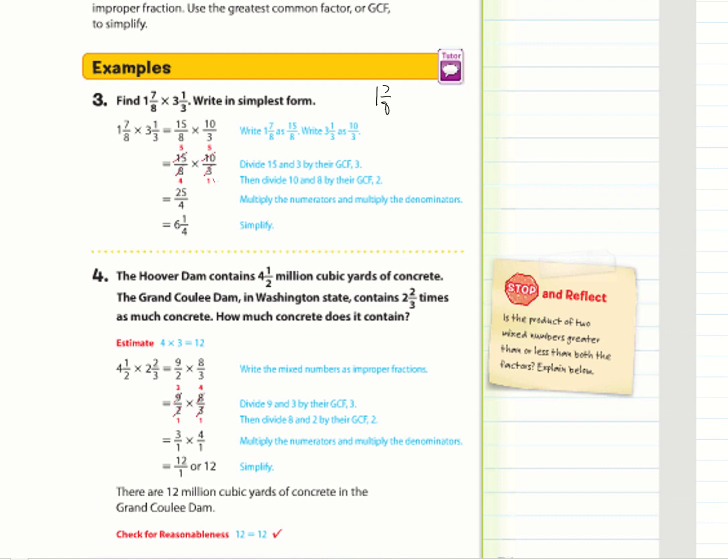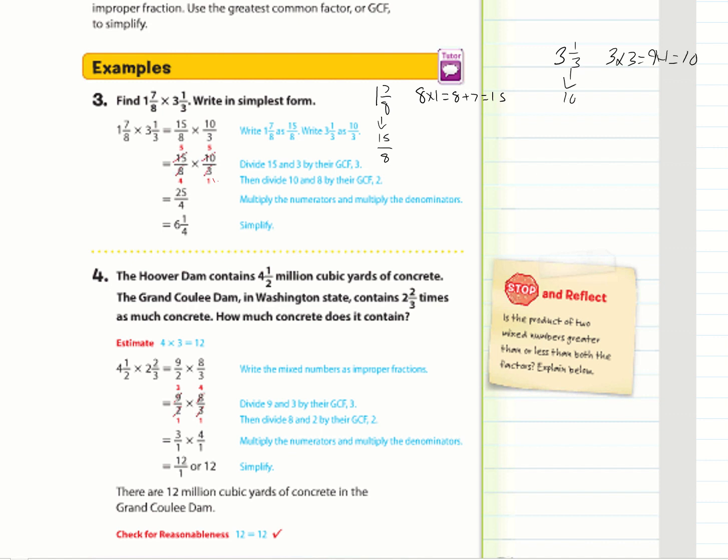1 7/8. So that's 8 times 1 equals 8, plus 7 equals 15. So this is going to be 15 over 8. And then we also have 3 1/3. So 3 times 3 equals 9, plus 1 equals 10.